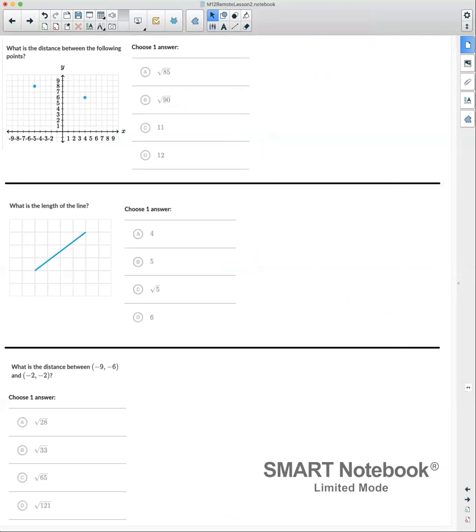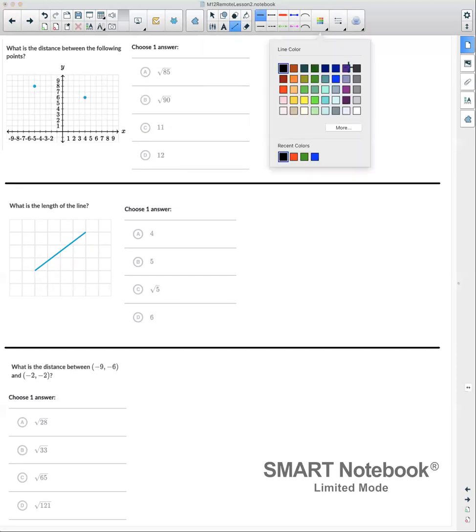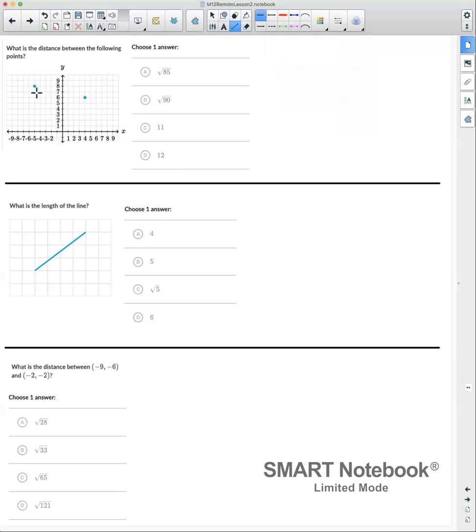Okay, so this is the distance between points. You get 2 points, so what you should do is draw a triangle from those 2 points. You have the diagonal length, the horizontal length, and the vertical length. Now with this triangle, you can figure out the hypotenuse.